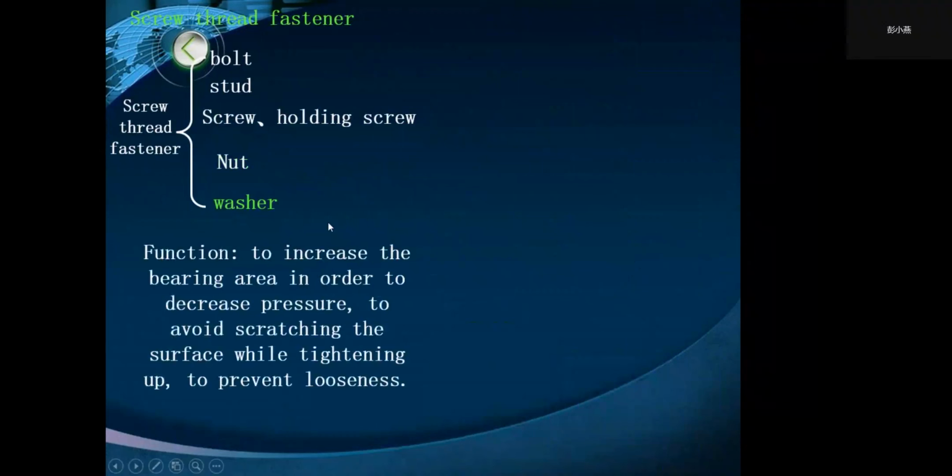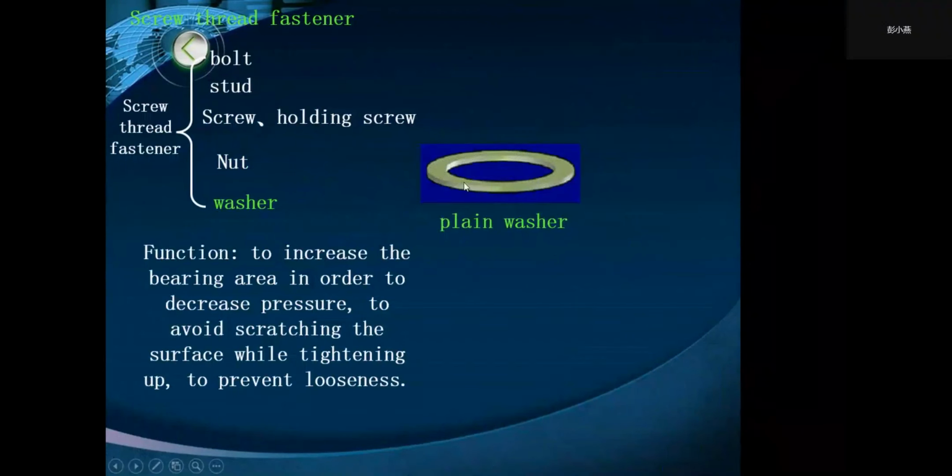The washers are used under a bolt head or under both a bolt head and the nut.